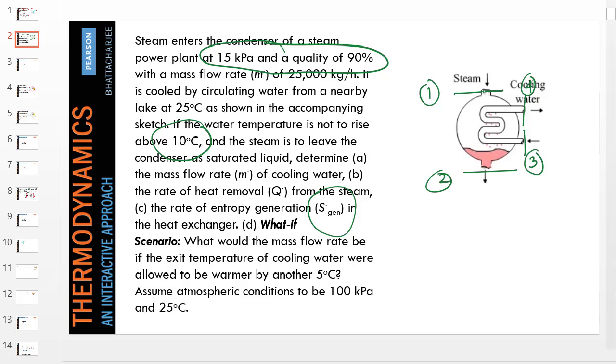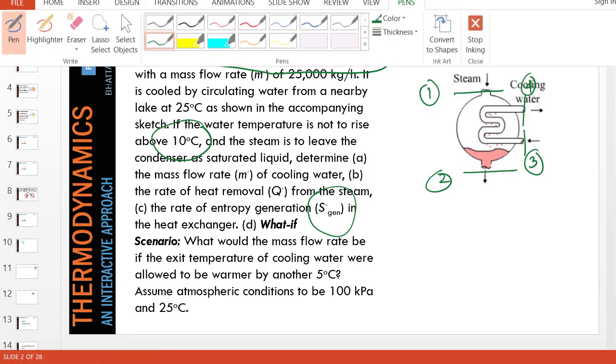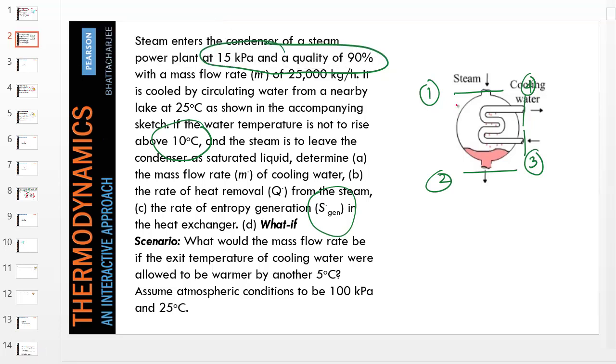If you take the entire system, let me take a red pen, as a boundary around the entire system, an open system, then you see it's an open system and it's a non-mixing system, because the two flows that pass through this device do not mix.